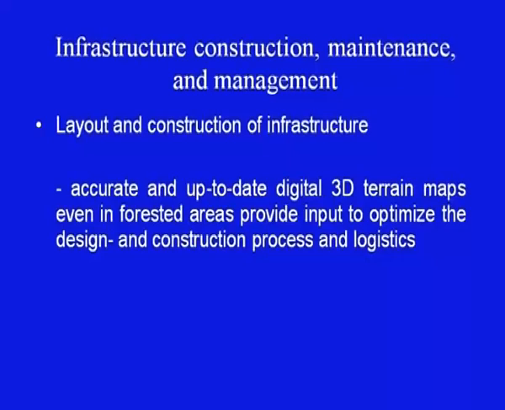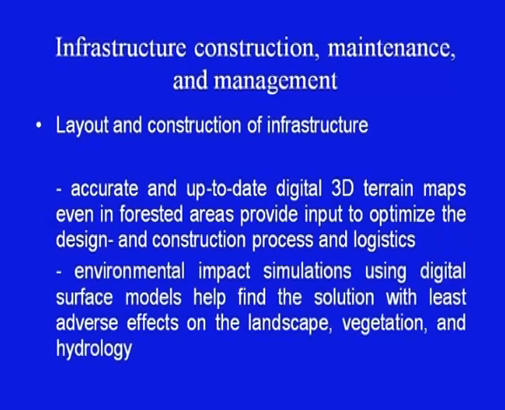For layout and construction of infrastructure, it provides accurate and up-to-date digital 3D terrain maps, even in forested areas, providing input to optimize design and construction processes and logistics. For environmental impact simulations, digital surface models help to find the solution with least adverse effect on the landscape, vegetation and hydrology.